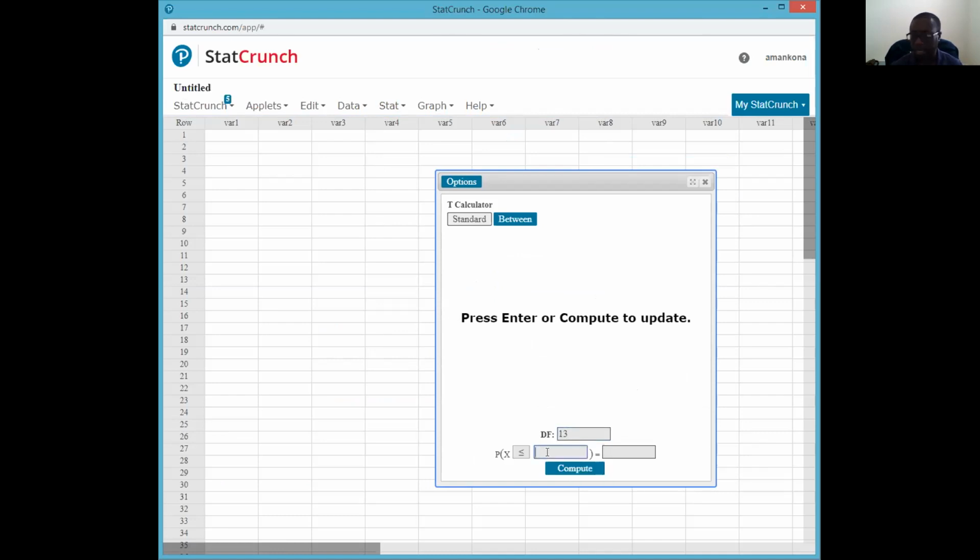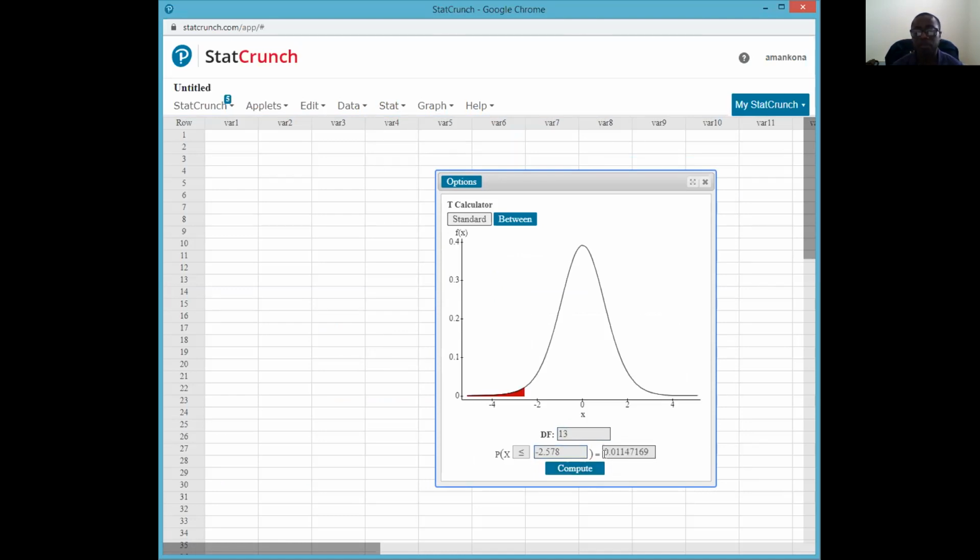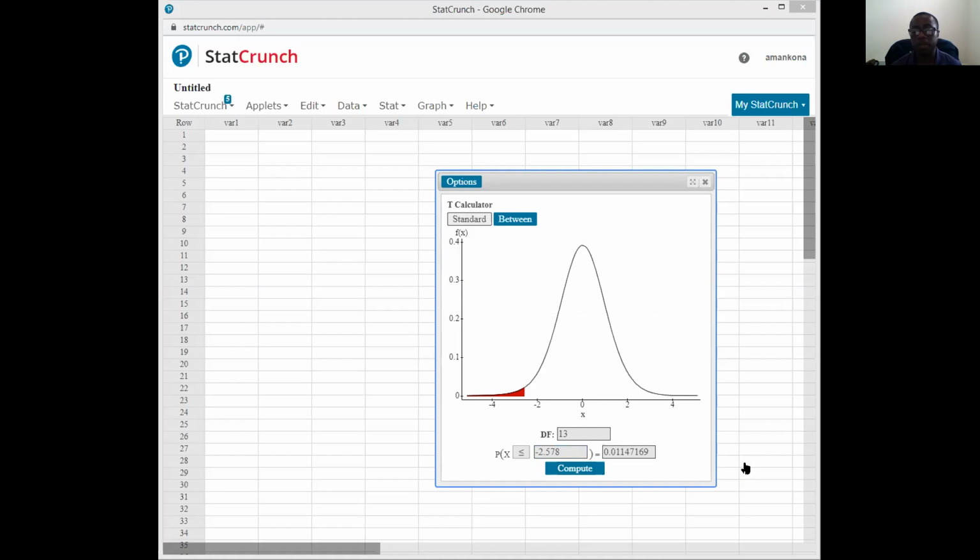Negative 2.578. We want to find the probability that it is less than this. So compute that, that is 0.0115. Let's go back to our PowerPoint and put that value there.